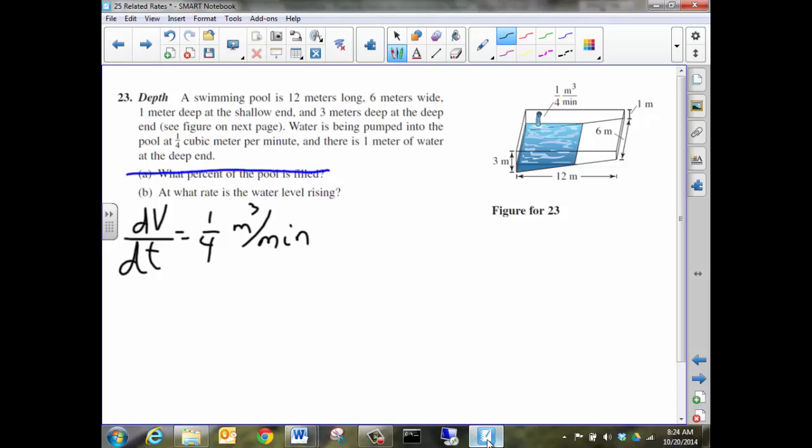Several people have that written down. What are we looking for since we're doing B part? Rate of water level rising. So what kind of letter do you want to use for that?